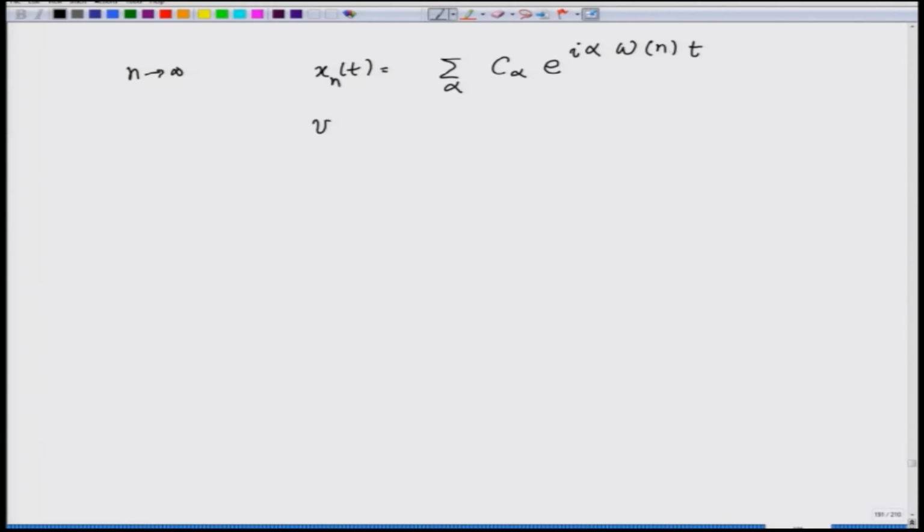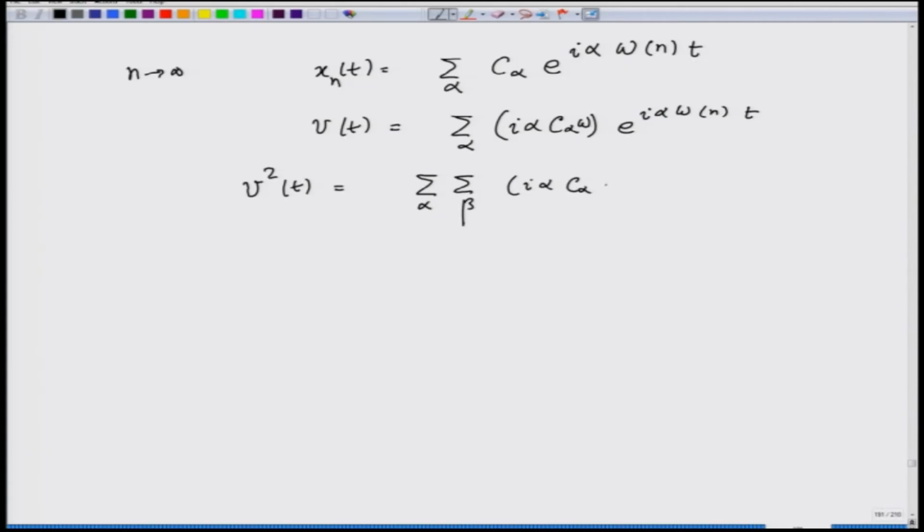So v_n(t) is going to be equal to the summation over α of iαω_n C_α e^{iαω_n t}. So v squared(t) is going to be equal to the summation over α and β of (iαω_n C_α)(iβω_n C_β) e^{i(α+β)ω_n t}.